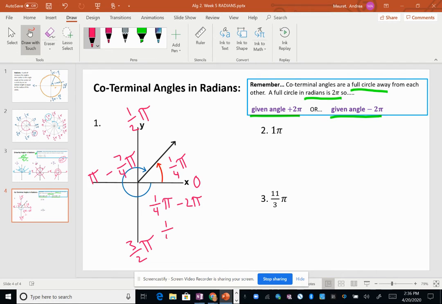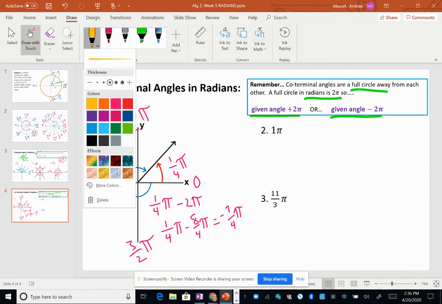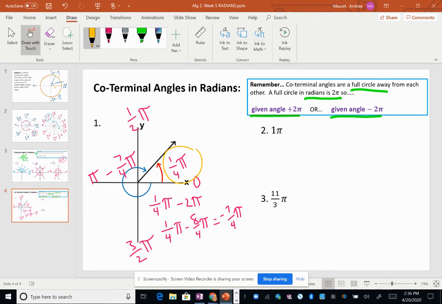So I'm actually going to evaluate 1/4 pi minus 8/4 pi. And that is equal to negative 7/4 pi. Okay, so these angles here are coterminal, 1/4 pi and negative 7/4 pi.